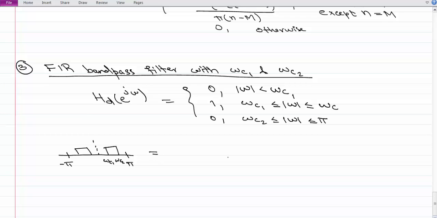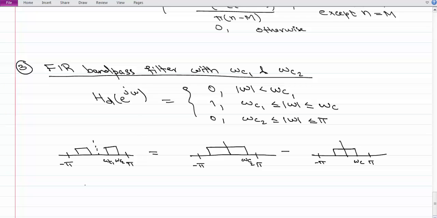And if you think of it, that is equivalent to a low pass filter with a cutoff of omega C2 minus a low pass filter with a cutoff of omega C1. Okay. If you subtract the two, you get back your band pass filter.